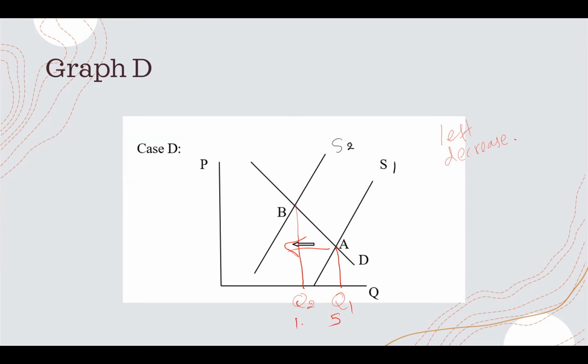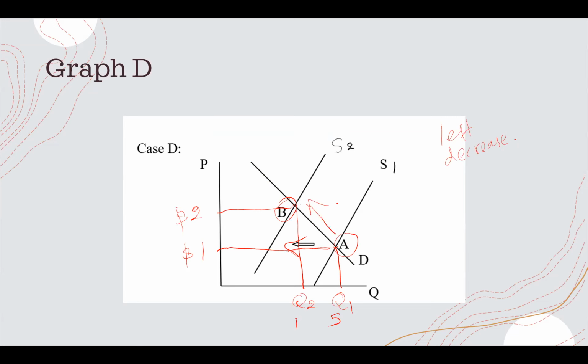Just say they are supplying only 1. When there is more supply, the price is low. When there is less supply, the price increases. So these equilibrium points shift to the left.